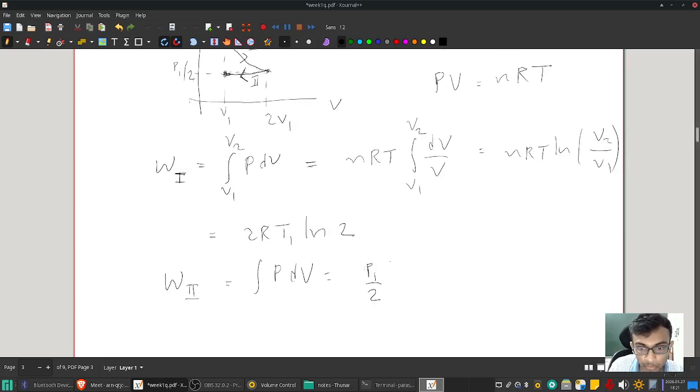That is P1 by 2 times the change in volume, which is V1 minus 2V1. So this is the change in the volume in the second step. Notice that the gas is being compressed, so the work done by the gas is naturally negative. So this is minus P1V1 by 2.